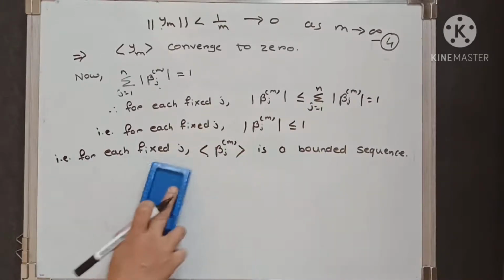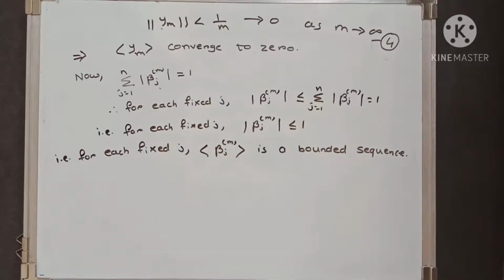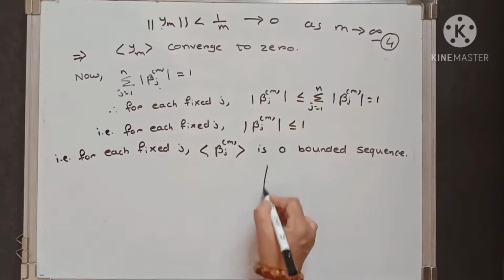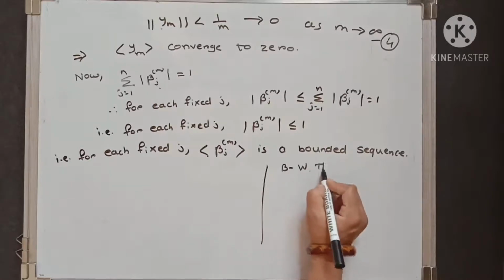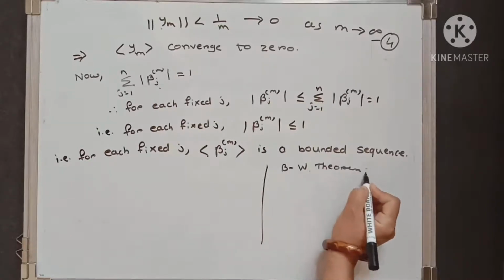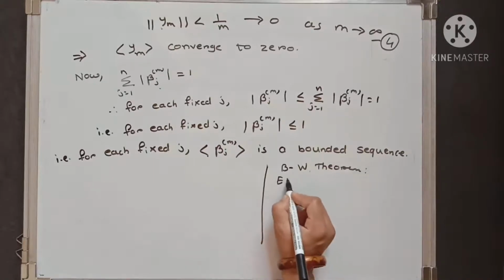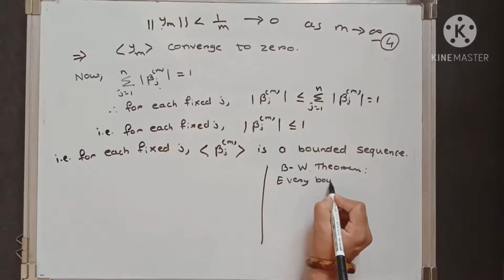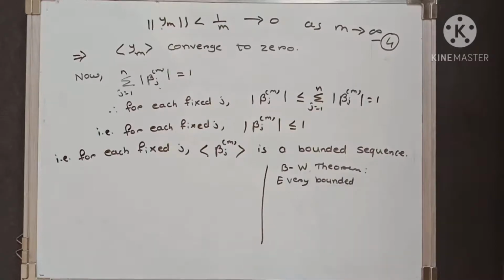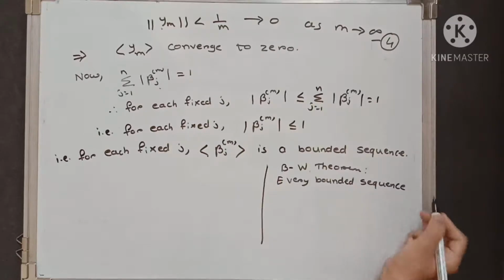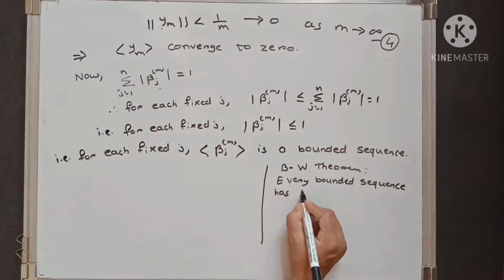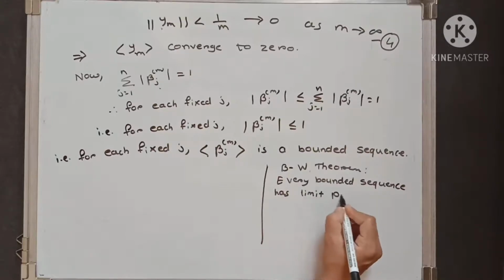Now as it is a bounded sequence, here we apply the Bolzano-Weierstrass theorem, and that theorem says that every bounded sequence has a limit point.